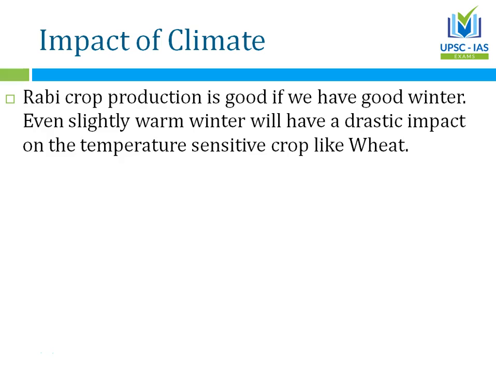Wheat, kharif, rice, Rabi, etc. You will find that paddy is also grown in the Rabi season in different parts of our country, but wheat is predominantly a Rabi crop.